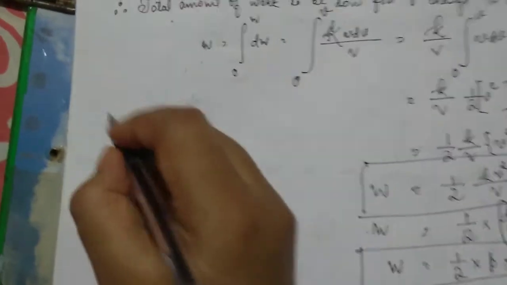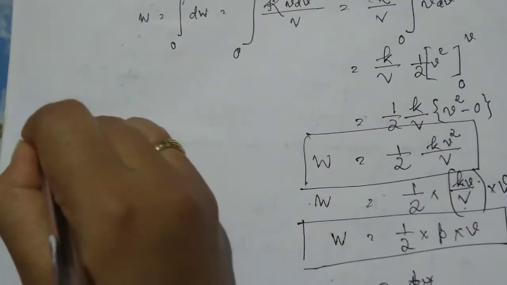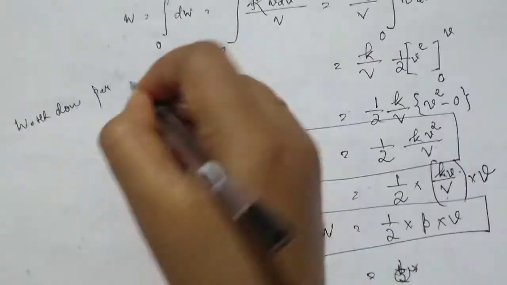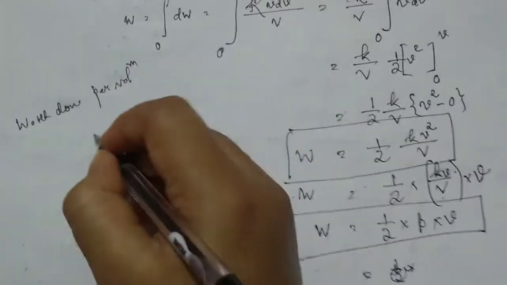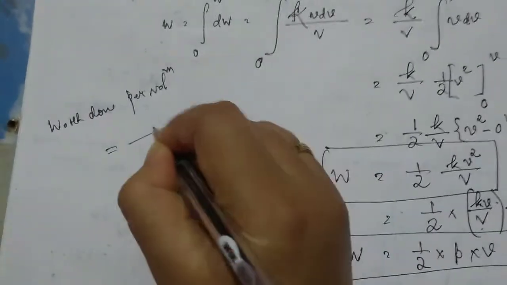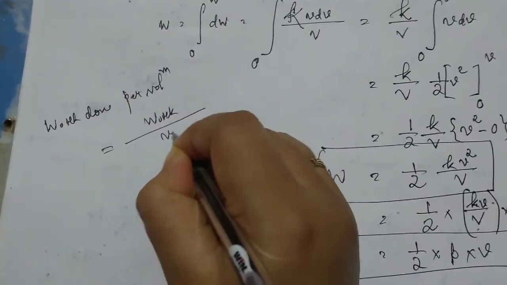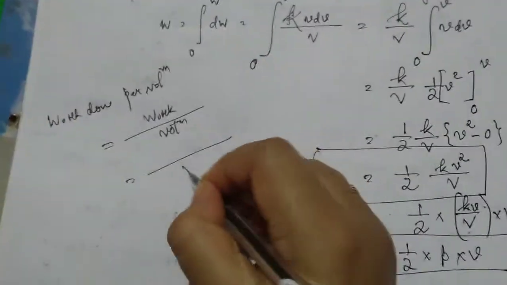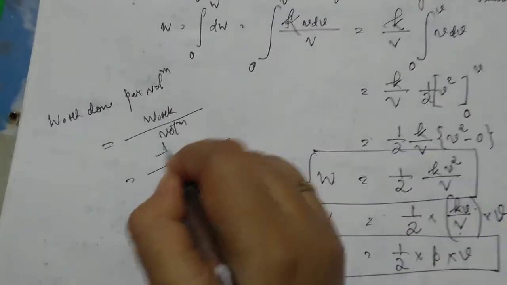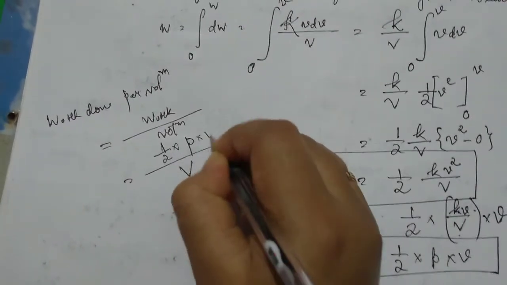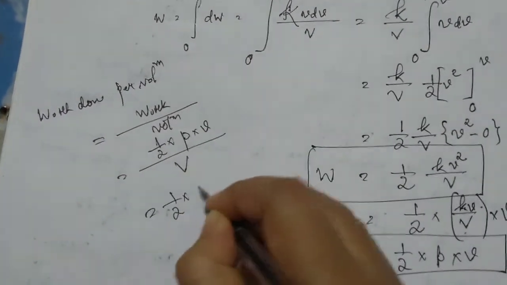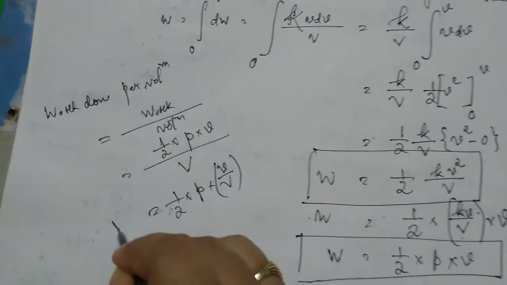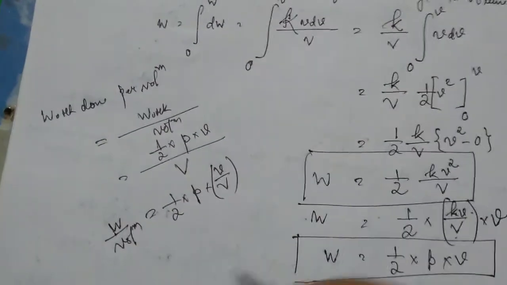If you want the work done per unit volume, it will be the work divided by volume. Remember the sphere had a volume of capital V. I can again rearrange it: it will be P into small v by capital V, and that is the work done per unit volume.